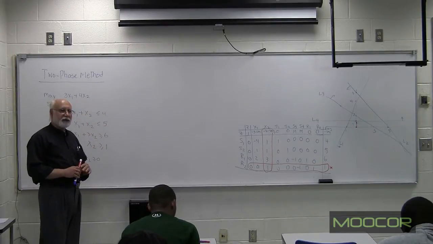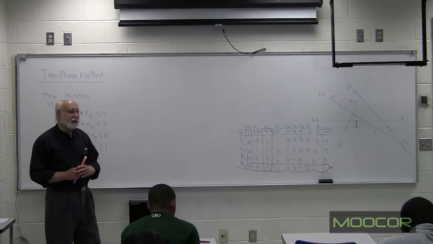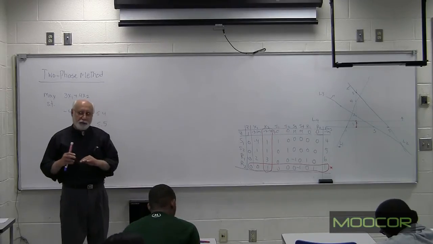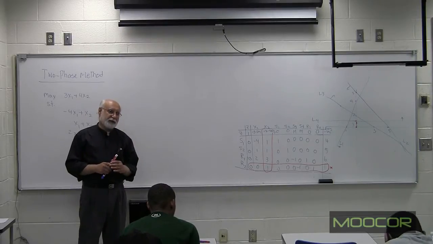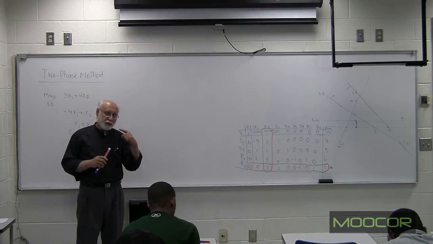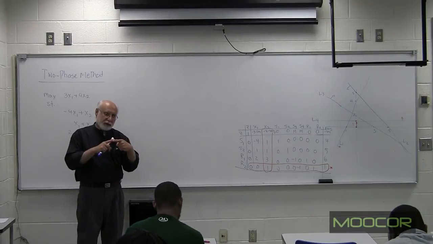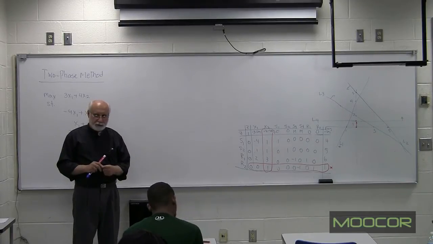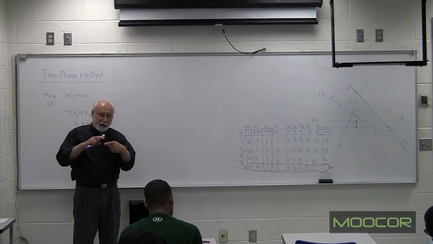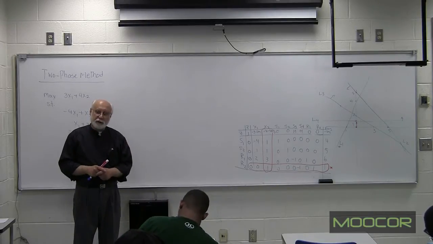In two-phase, this is what we are going to be doing. We are going to break the problem into two phases. At phase 1, we say our intention is to get rid of the artificial variables, which means to find a basic feasible solution.